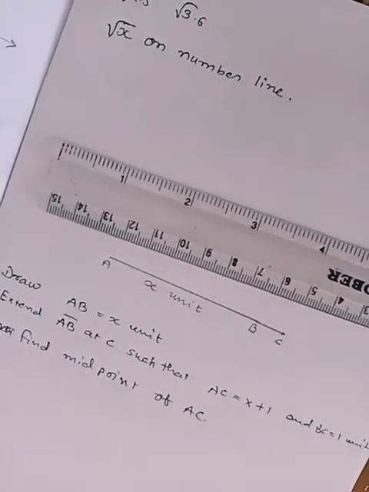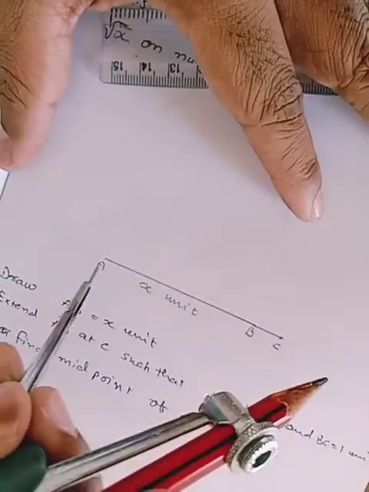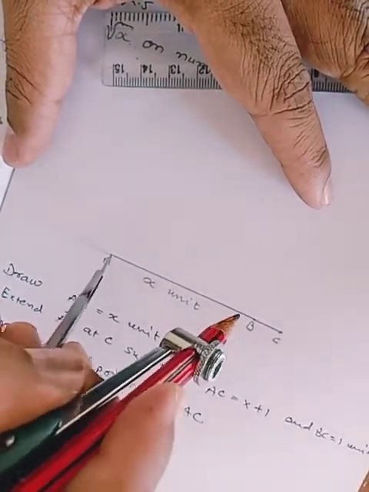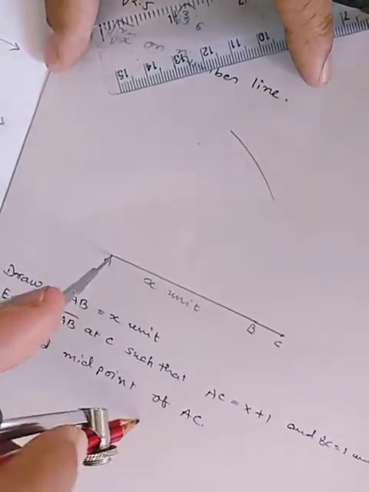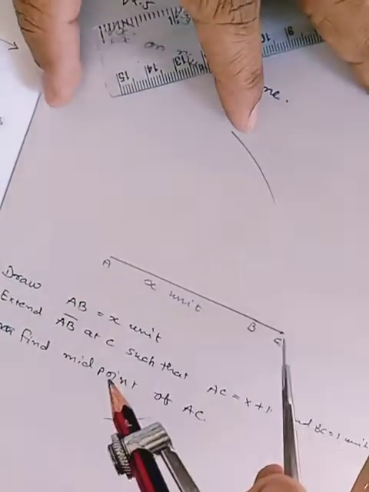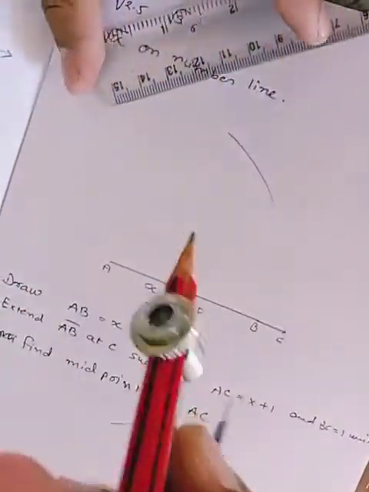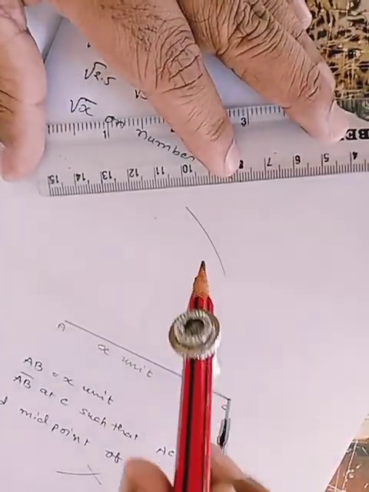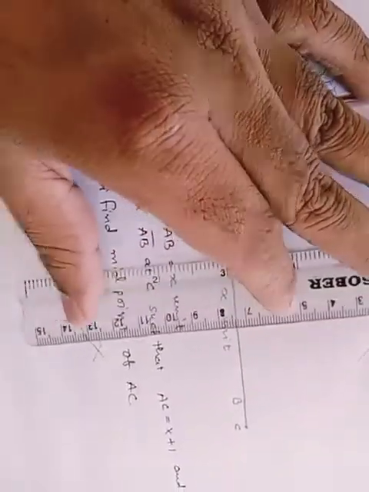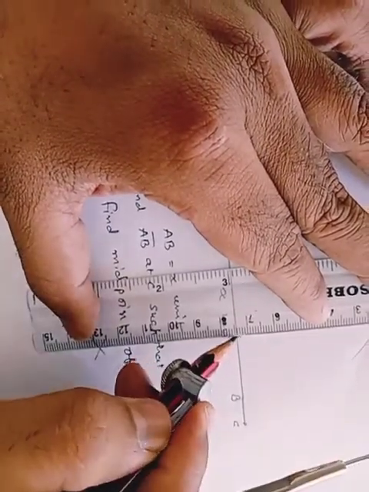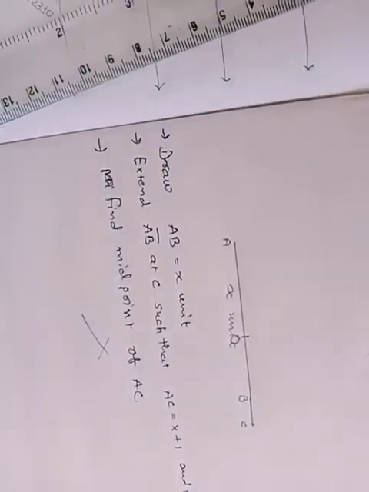To find the midpoint of AC, we have already studied the perpendicular bisector. So we will construct the perpendicular bisector of AC. We take more than half of AC as the distance, and mark arcs on both sides. Now we want the midpoint only, so we will not draw the line, and O will be the midpoint.